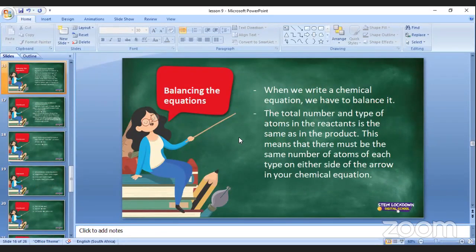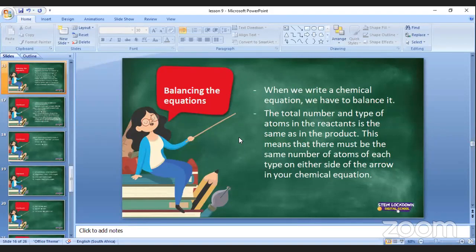Let us see how we balance the equations, grade 9, because this seems to be stressing a whole lot of you guys. When we write a chemical equation, we have to balance it. There is no two way about it. At the end, you must balance it.